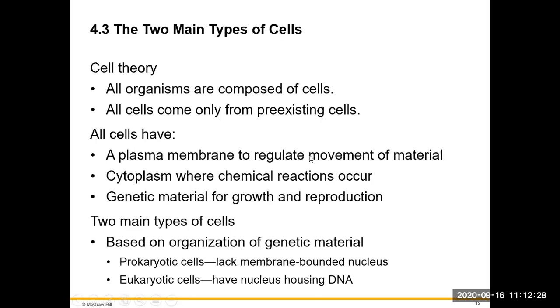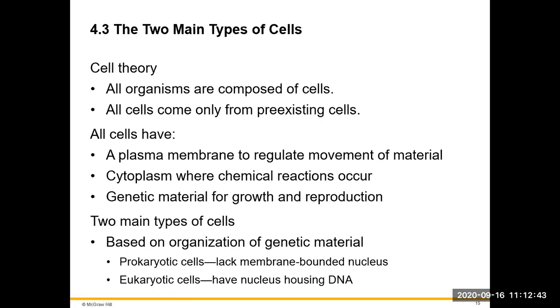All cells have a plasma membrane to regulate movement of material into and out of the cell. And the cytoplasm is where the chemical reactions occur. It's like any kind of compartment.